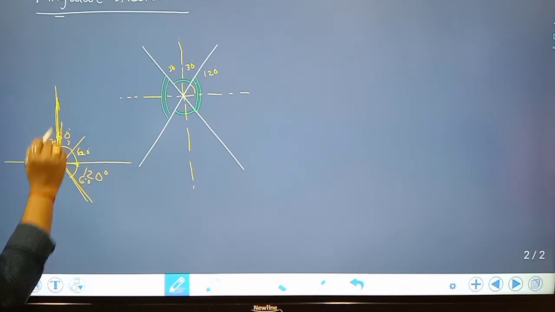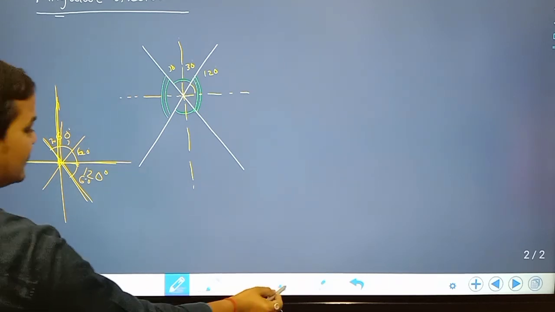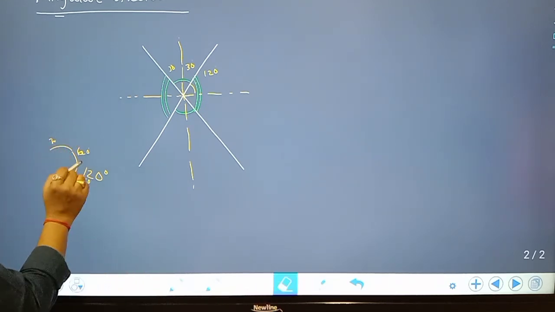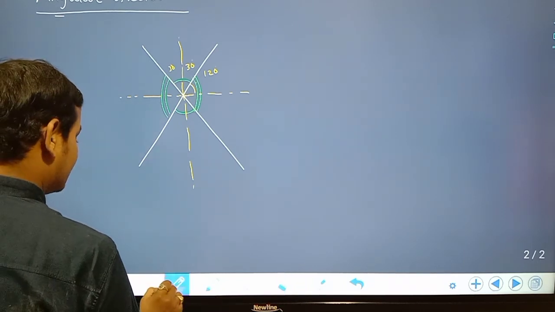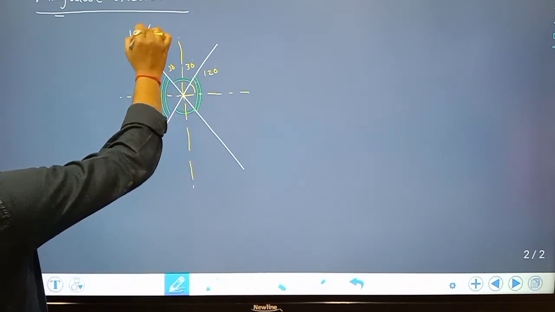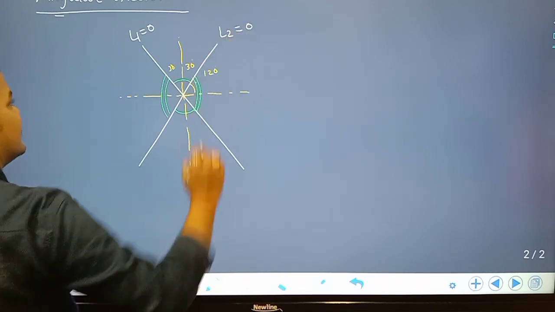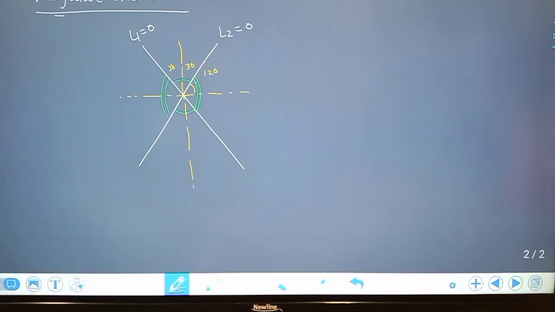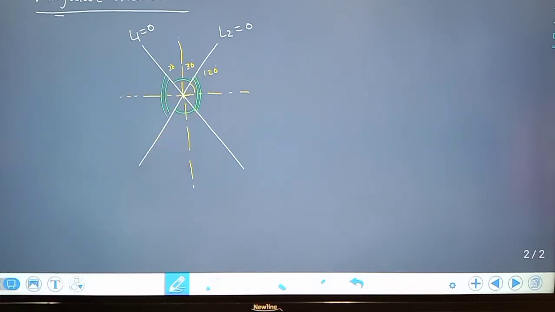So these two lines, which divide the angle between these two lines, are always perpendicular to each other. Always perpendicular to each other. That means, see, here what I am going to discuss in the problem concept: if L1 equal to 0 is one line and L2 equal to 0 is another line, the lines which divide the angle between these two lines are called the angular bisectors.